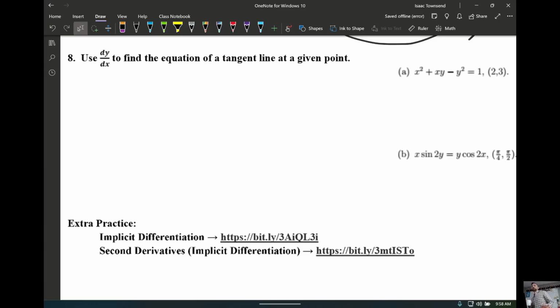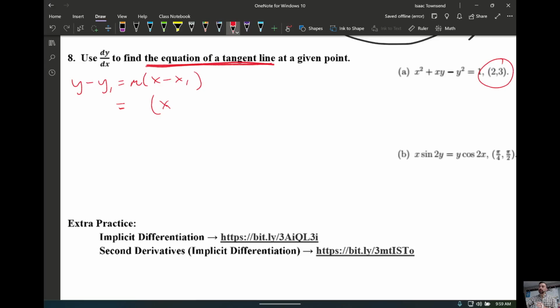I would say probably the most missed or second most missed question on your Unit 2 test was one about making the equation of a tangent line. Tangent lines are linear. To make a linear line, I would just always start off with point slope, personally. They tell you the point they wanted it to go through, (2, 3).